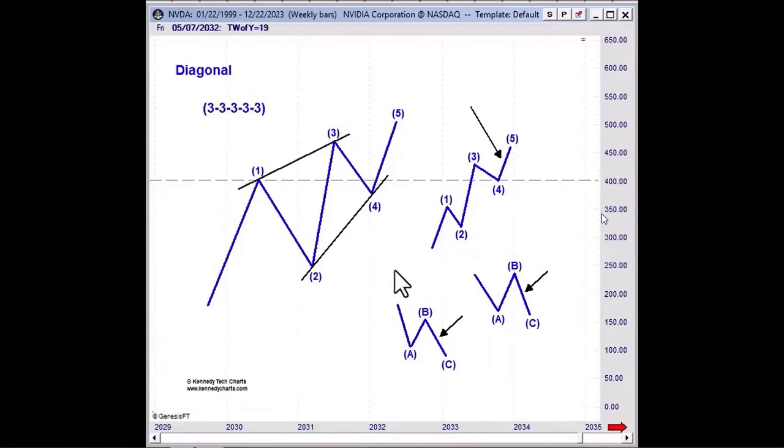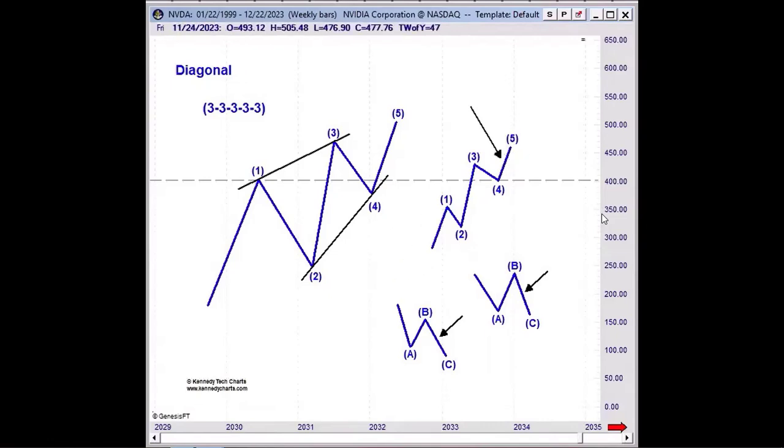So remember, by definition, a diagonal is a terminating wave pattern, and it can only occur in the 5th wave position of an impulse wave, or as wave C of either a flat correction or a zigzag. Because it is referred to as a terminating wave, it lets you know that the larger formation is coming to an end. That's why diagonals are so sought after, such an exciting pattern.